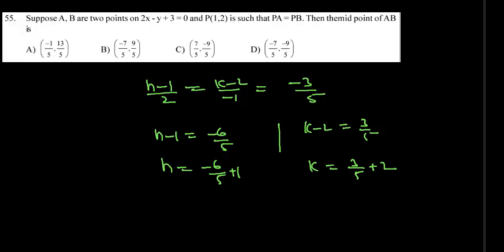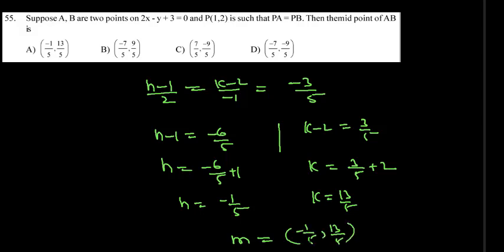So h is equal to minus 1 by 5, or k equal to 13 by 5. Therefore, M equal to minus 1 by 5 comma 13 by 5. So I can go with option A.